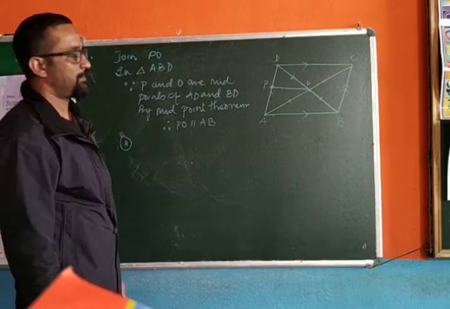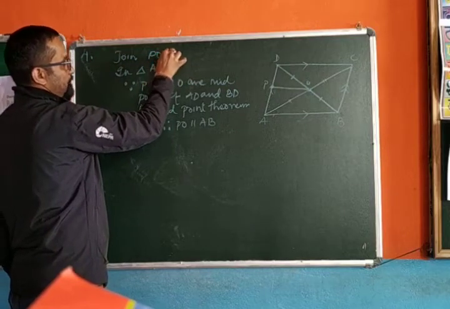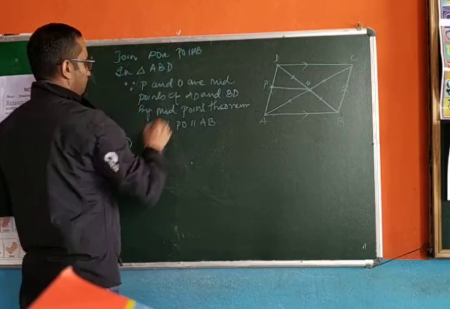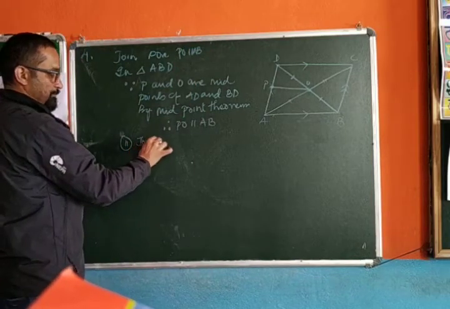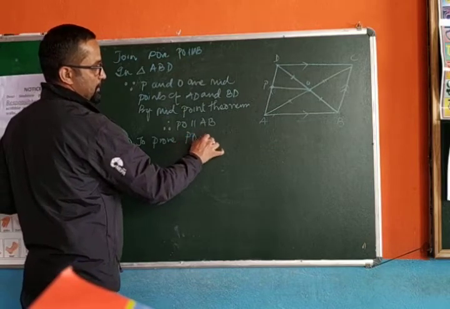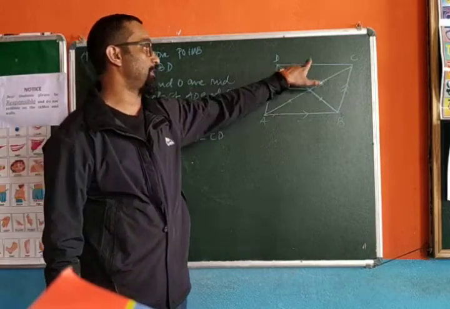Second part, the question says to prove PO is equal to half of CD.